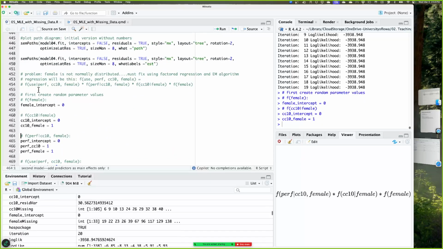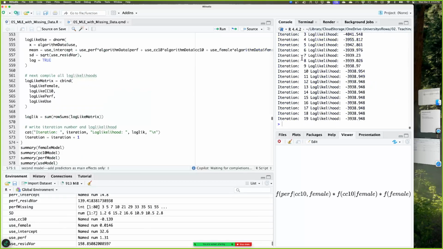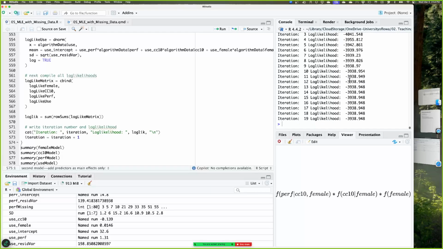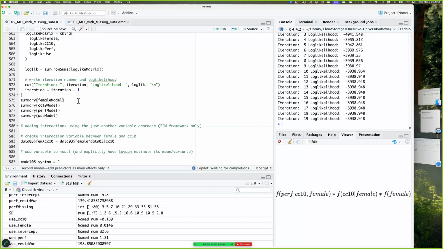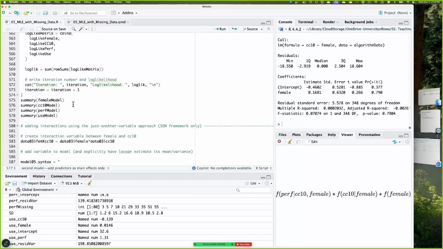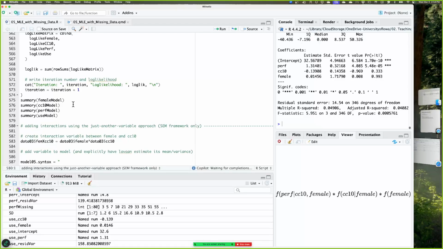Start with the starting values. Take a look at what's happening to the EM algorithm: far away, and then we start getting closer and closer. And then the final value of that, we can ask, what's our female model? Right there is our proportion of females, we think. Logit version. We can have regression coefficients for CC10, for performance, and for usefulness.